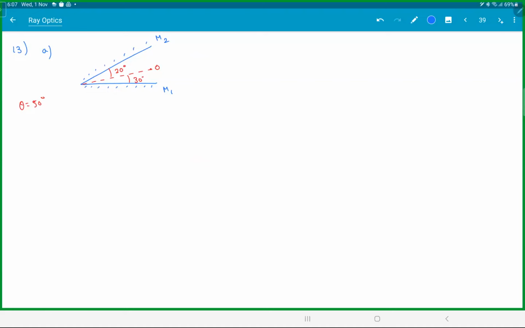Mostly they'll finish center of mass, rotation, and ray optics. I don't think they'll do heat and thermo, but let's see. They have a habit of doing that. They'll leave one chapter, end of May, rush 3 months of portion into 1 month and say the portion is over. It is the same story I'm seeing from the last 4 years. So let's hope they will change this time. You don't worry about that. You focus on solving, you will get your things done properly.